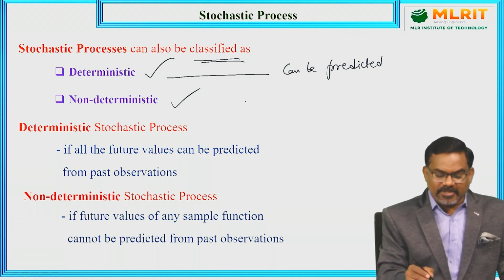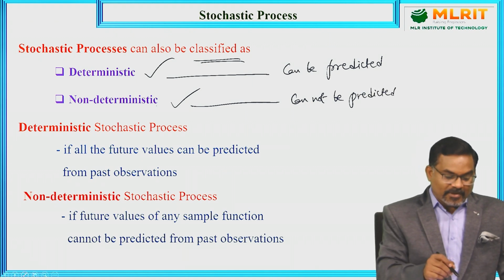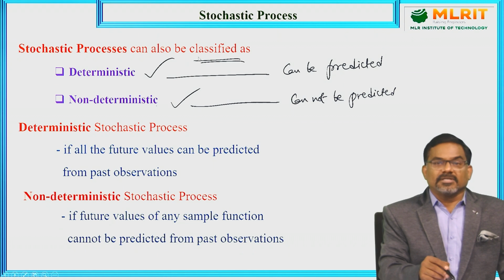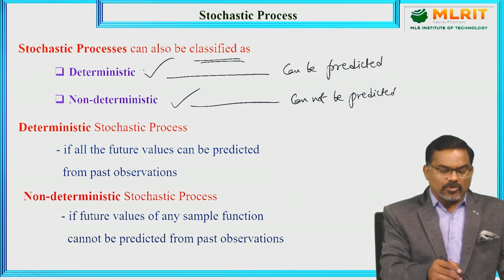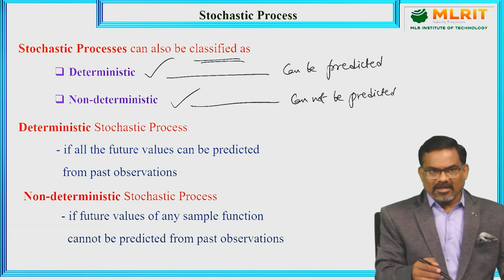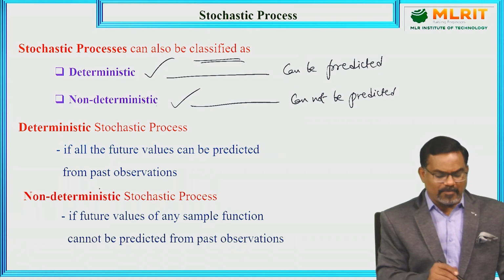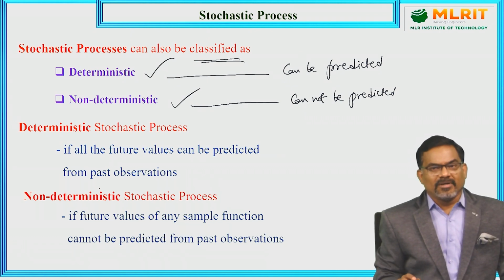And non-deterministic cannot be predicted. So a stochastic process is classified into 2 types, deterministic and non-deterministic, based on whether the future values can be predicted from past observations or not.